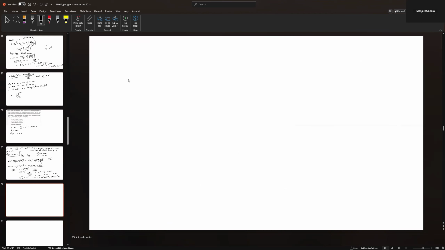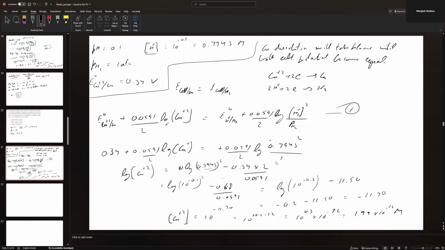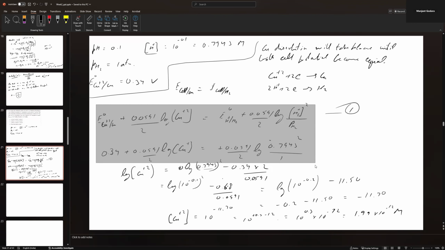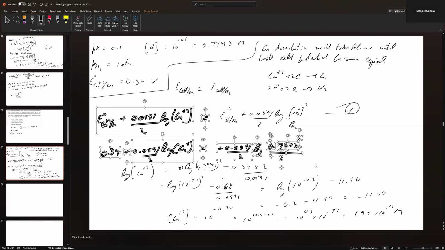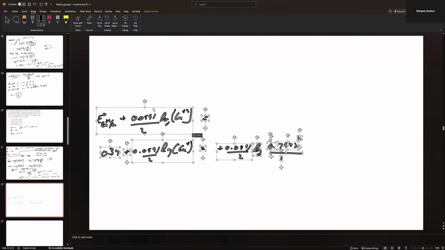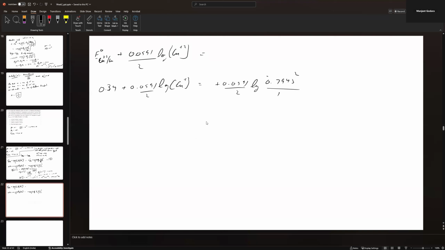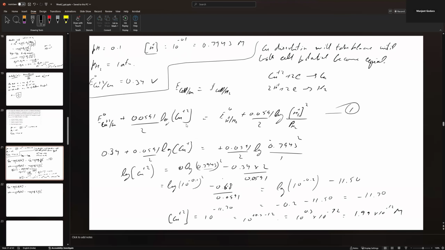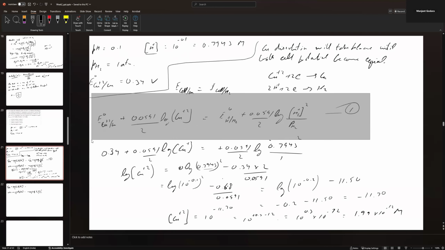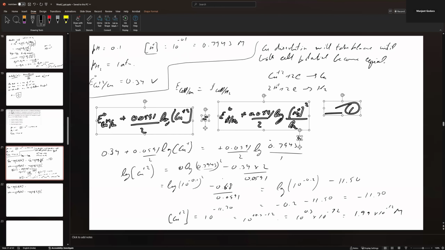Next part is similar. Same up to here, and this equation is the same.